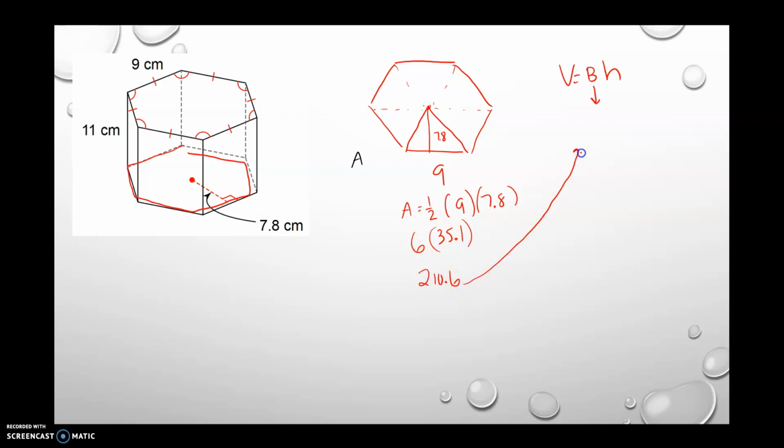So that is going to be the area of my base, 210.6. And now I'm going to multiply that by my height. And the height of my entire prism is 11. So when I multiply those guys together, I get 2,316.6.